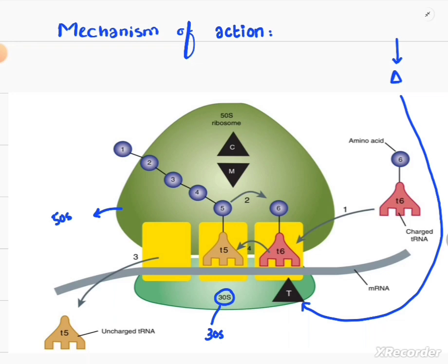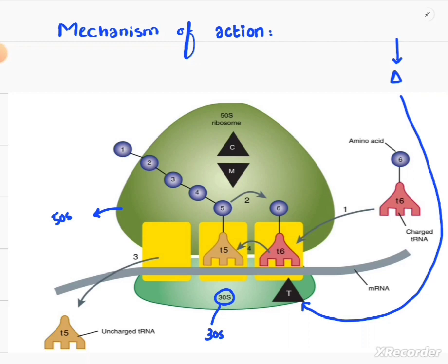This subunit acts as a decoding center, where the transfer RNA molecules, which carry the amino acids, bind to the messenger RNA codons during the process of translation.